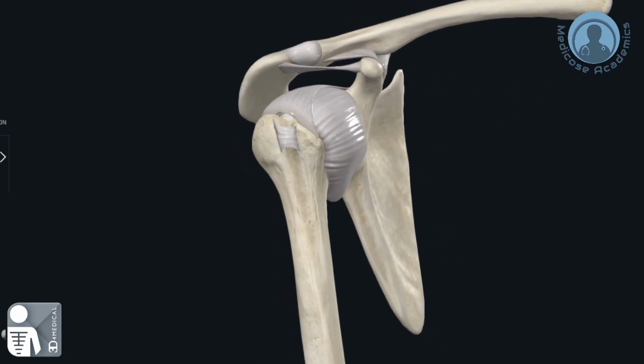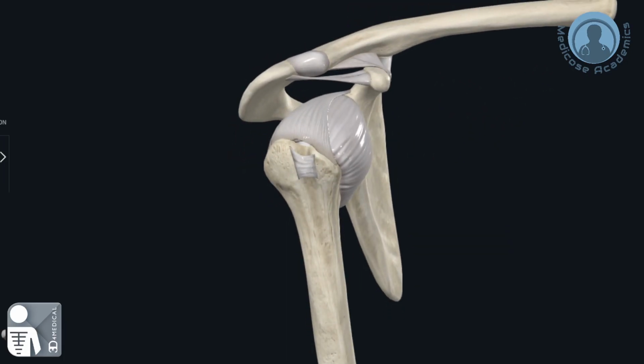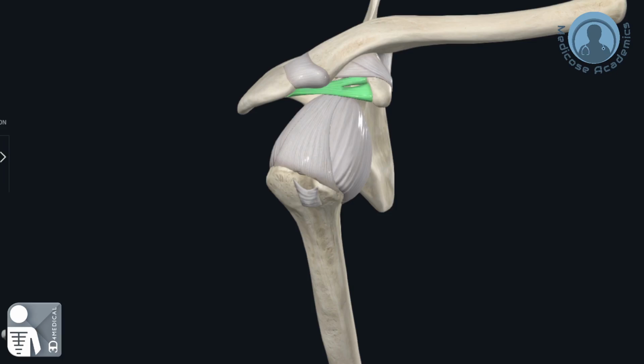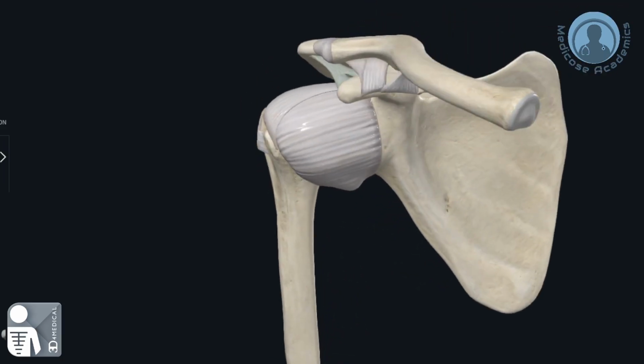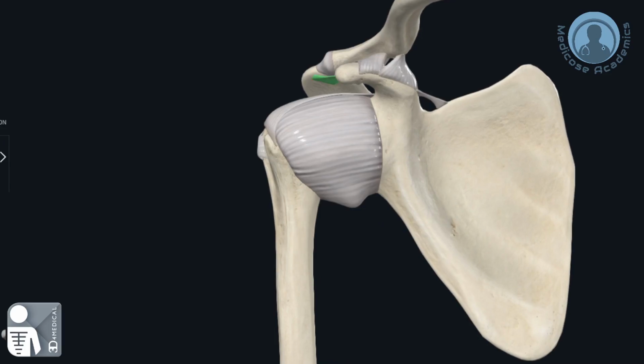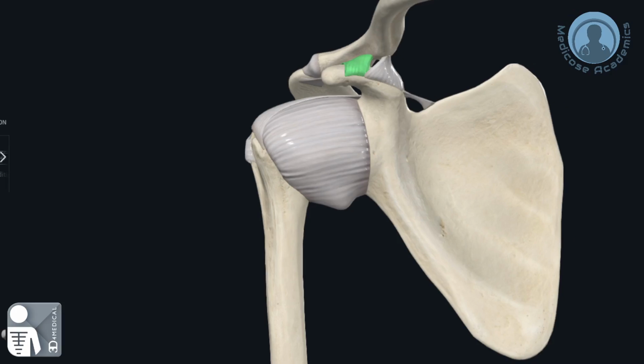Then there is a ligament that runs between the coracoid process and acromion process. This is the coracoacromial ligament. Running between coracoid process and clavicle is the coracoclavicular ligament with its conoid and trapezoid parts.